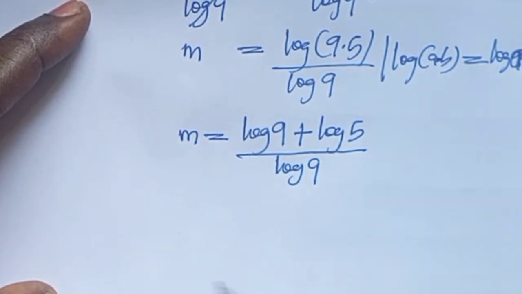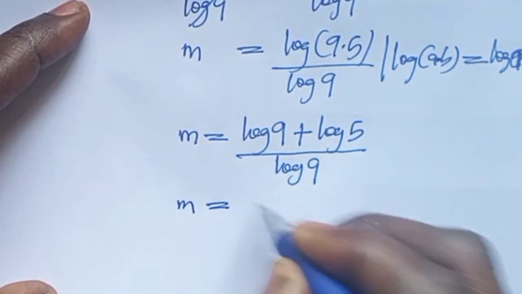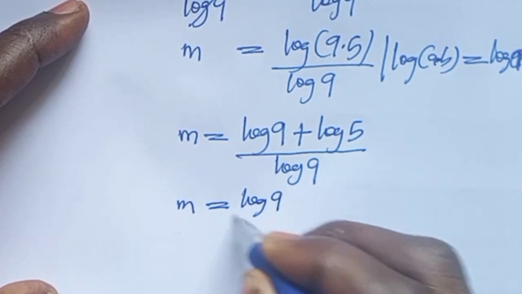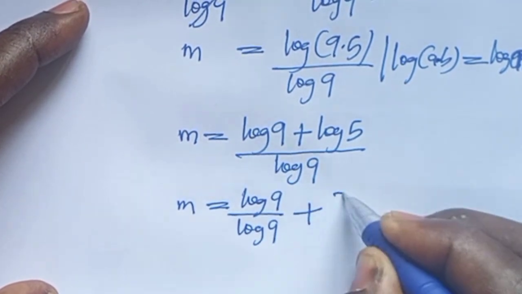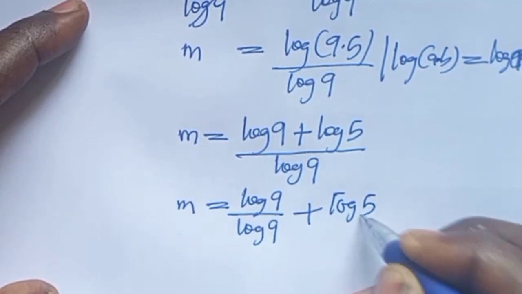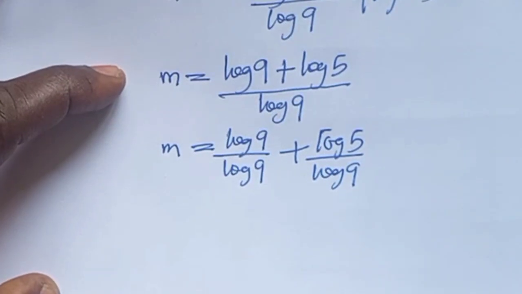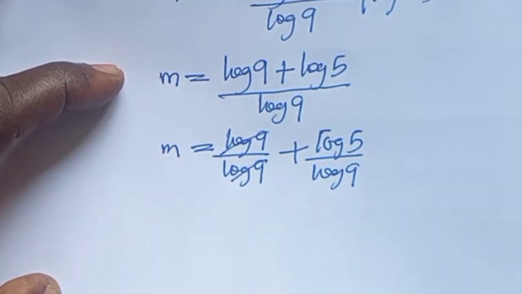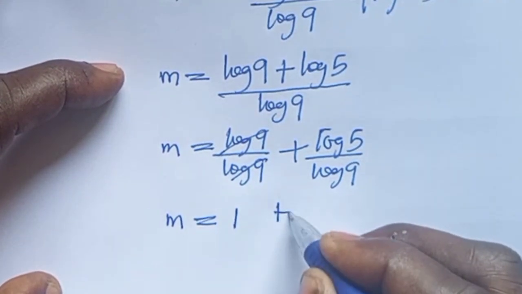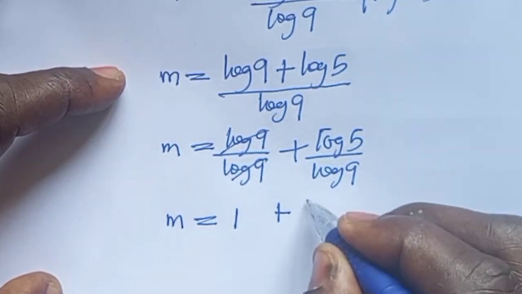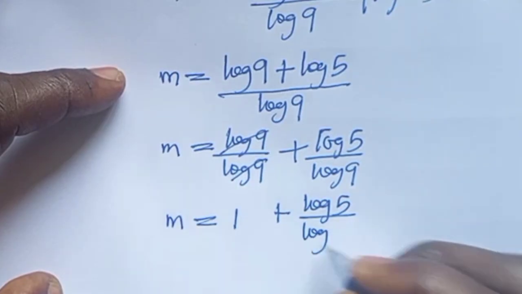So if we do this very well, we want to write them in separate fractions. So we have m equals to log 9 over log 9 plus log 5 all over log 9. Here, log 9 divided by log 9 is 1. So we have m equals to 1 plus log 5 all over log 9.